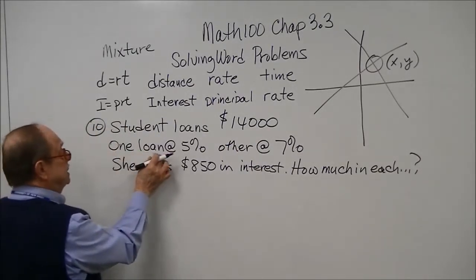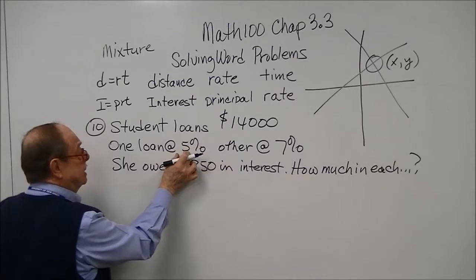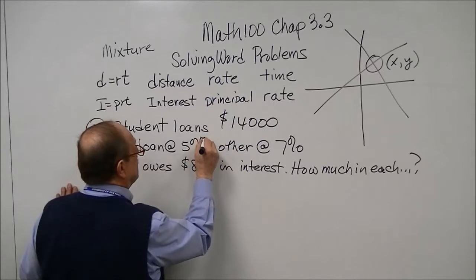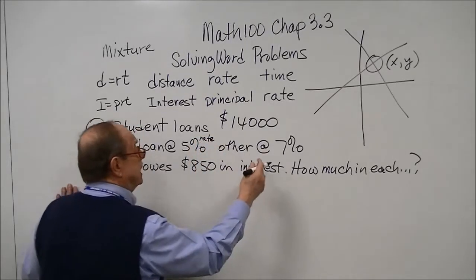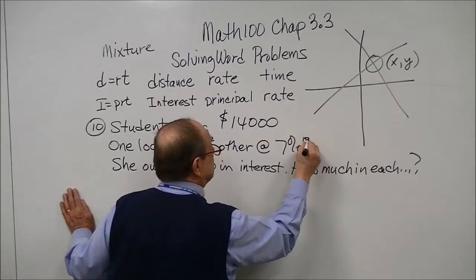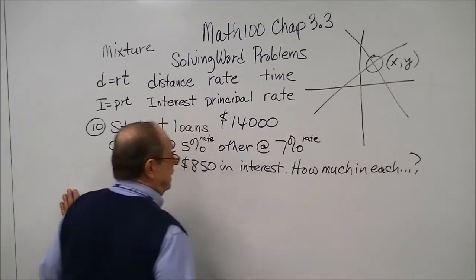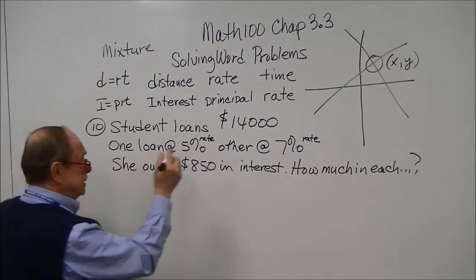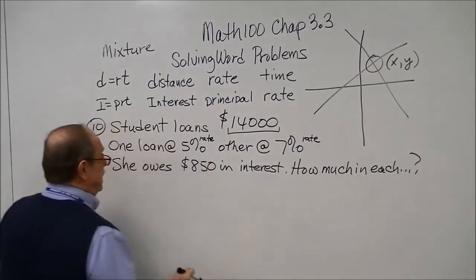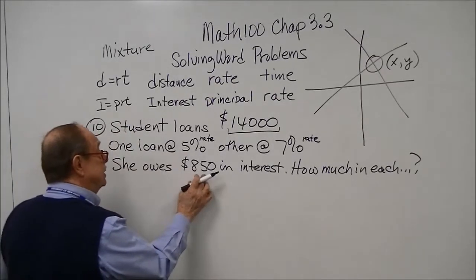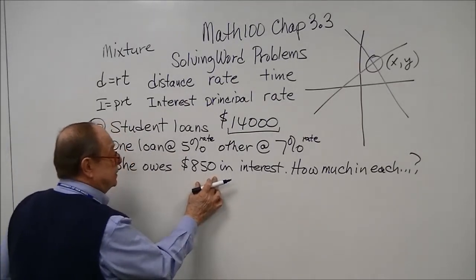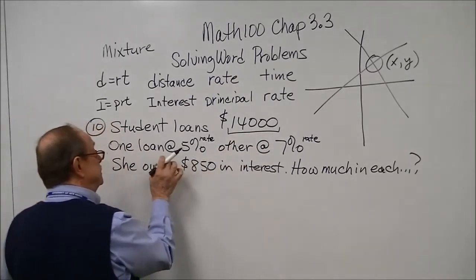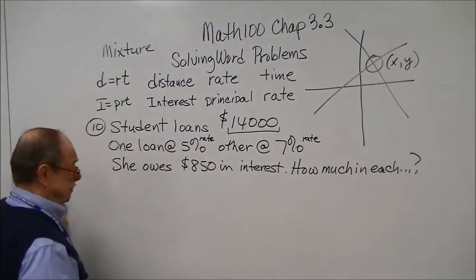Now, one loan is at 5% rate, and the other is at 7%. This is the rate. Now the interest, which is the accumulation of this on her principal, this is the principal here, after 1 year is $850. So we're wondering how much of this $14,000 is in each of these loans.